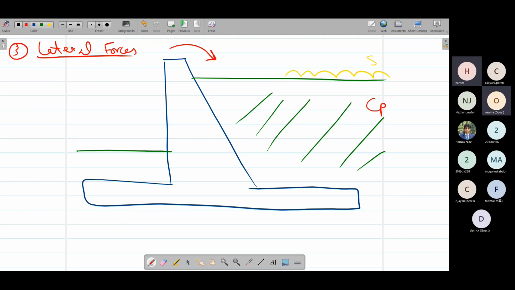Repeat it, bro. I didn't understand. About the retaining wall, what you're explaining now, could you repeat it? I'm talking about the lateral forces in the CP, the one you're saying now, how it's acting.